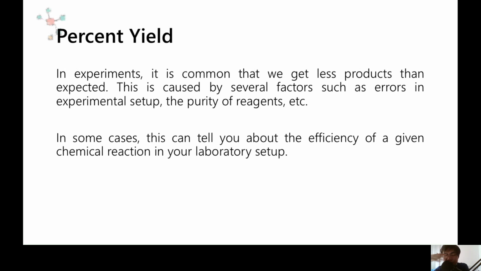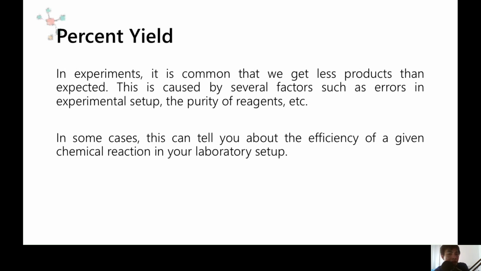So there are lots of reasons kung bakit. Number one is purity of the reagents, no? Mamaya kasi yung reagent pala marumi, hindi pala siya pure. So it will give you lesser yield, so onti yung mabibigay niyang amounts of products instead. So yun yung one factor, purity. Pwede rin experimental setup.